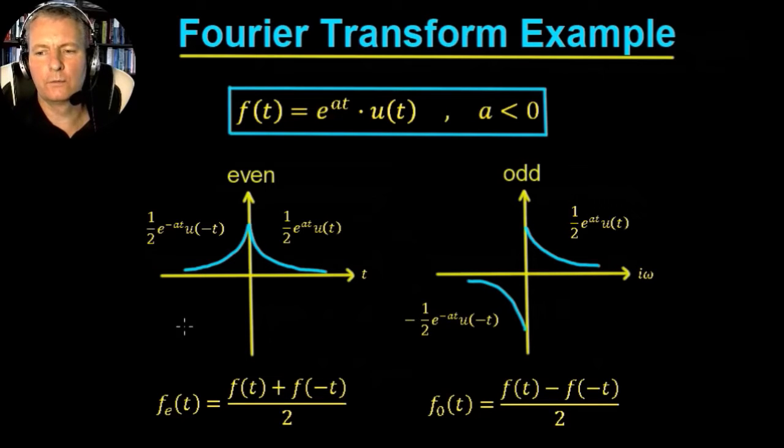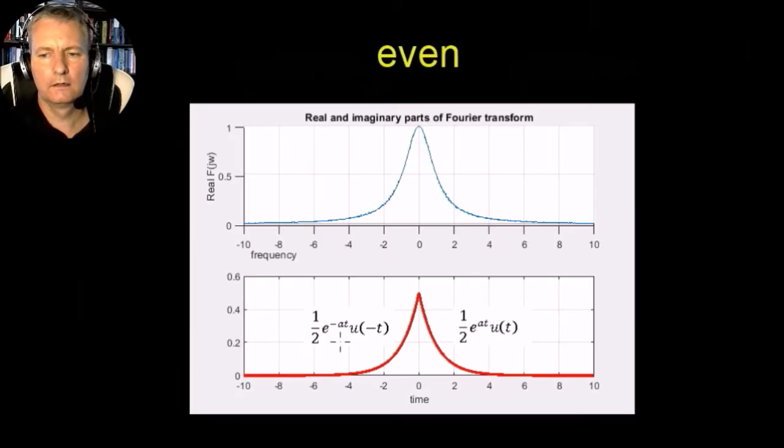So we'll have a look at the even component here, and we'll have a look at the Fourier transform of this function. So here's the function, the even component. And this is the Fourier transform here, and you can see that the Fourier transform is a purely real function of the frequency.